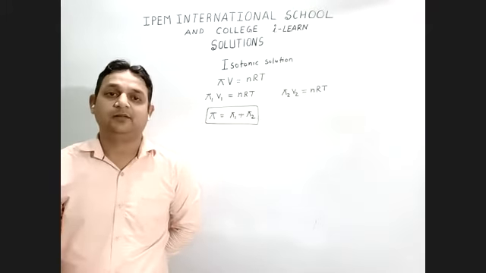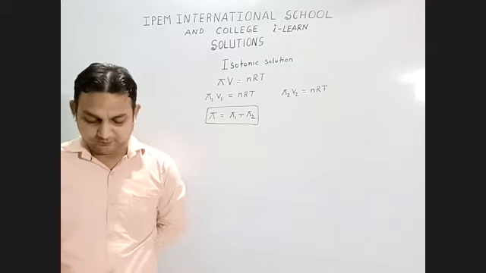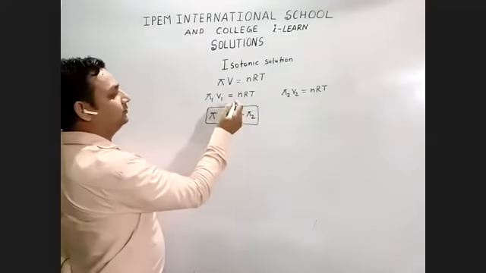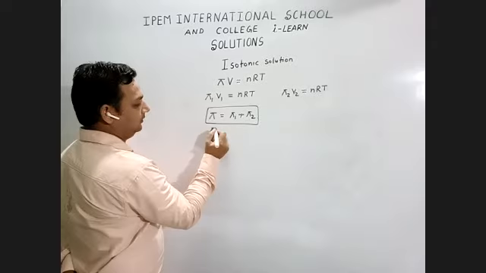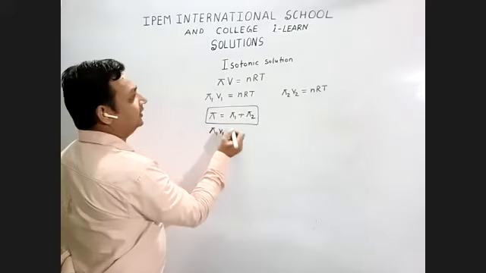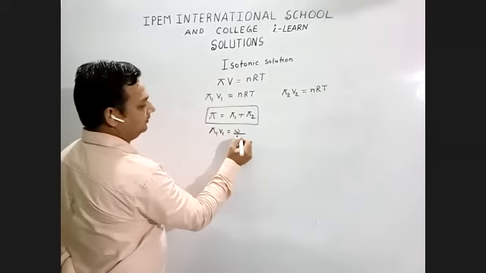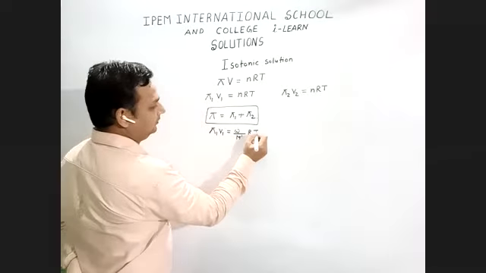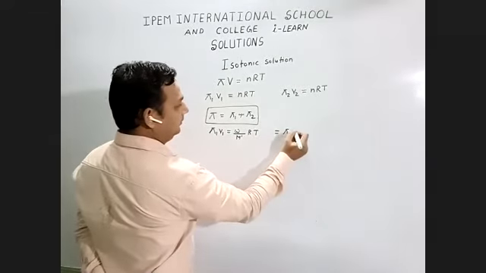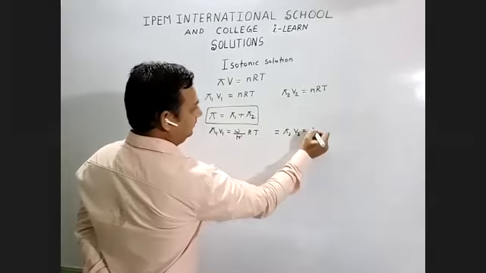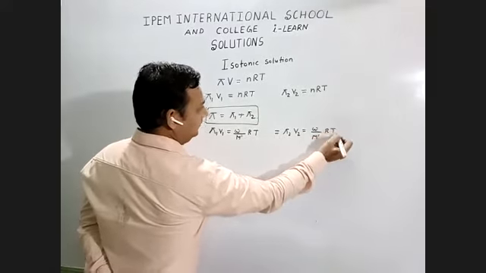You have to use this equation for an isotonic solution. So that can be modified to pi 1 V1, with n replaced, RT.